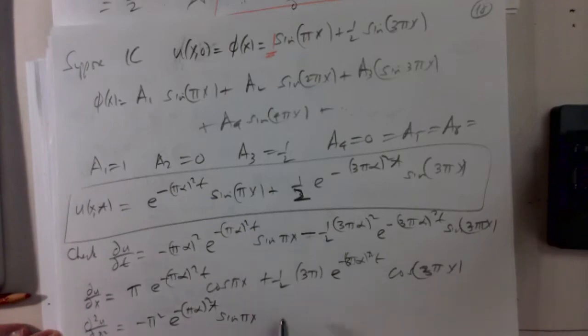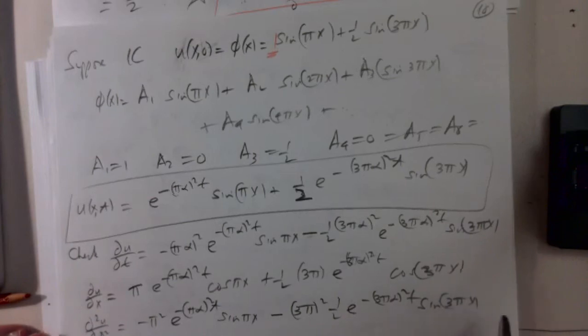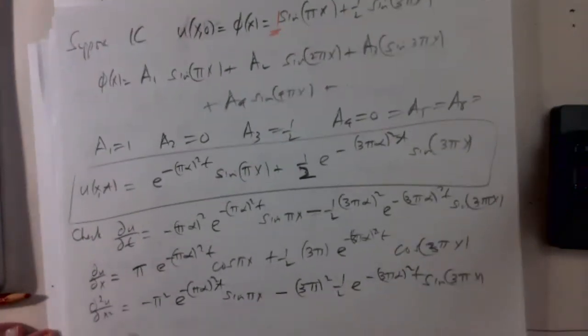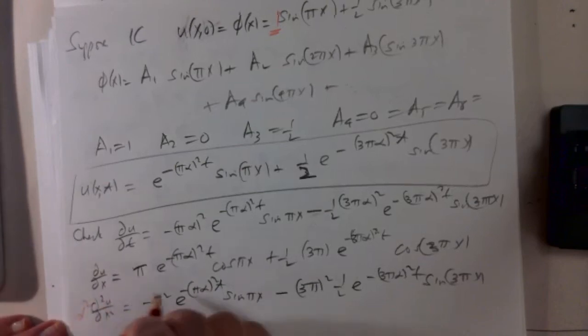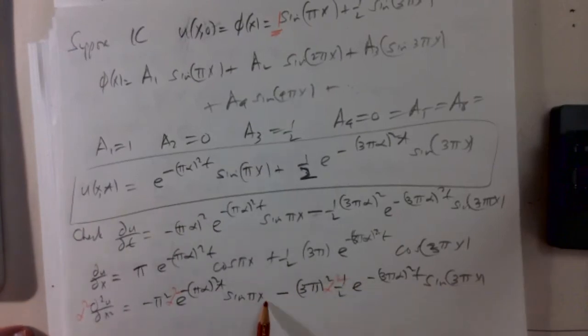And I get minus 3 pi squared times a half e to the minus 3 pi alpha squared t sine of 3 pi x. If I multiply this by alpha squared, I get this.